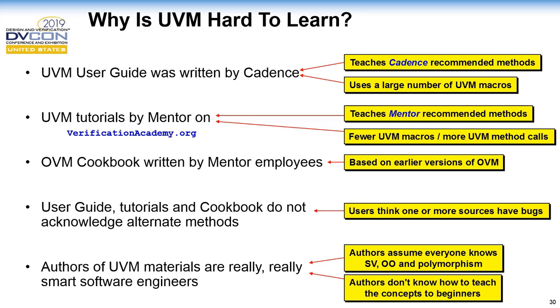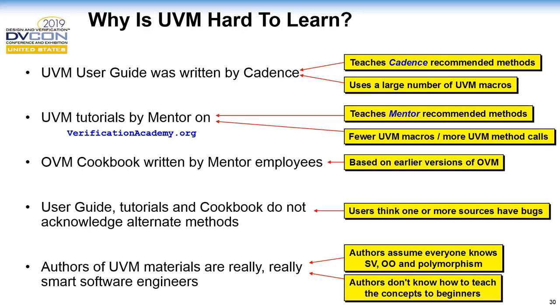But we have UVM. But this is also partially going to explain why there's two flavors of UVM, because it came from a Cadence background, it came from a Mentor background. And so when you look at the user guide, it was written by Cadence. And the user guide has a large number of macros used inside of it.